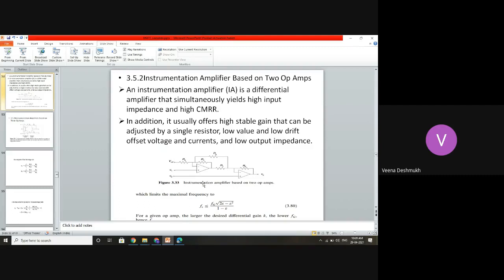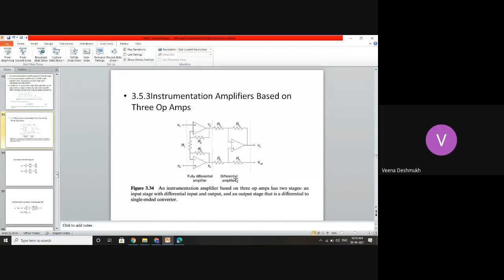So at low frequencies there is an issue with the common mode rejection ratio, which does not help in amplifying the signals or rejecting the noise signals and amplifying the microvolt level signals in this case. So a slightly improved version which includes two stages of differential amplifiers is designed.